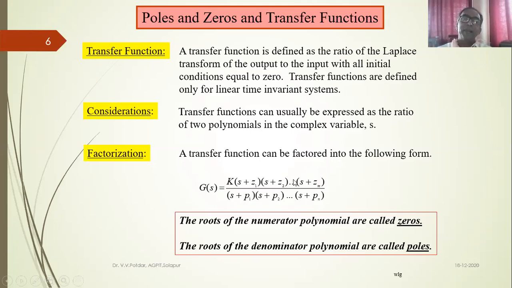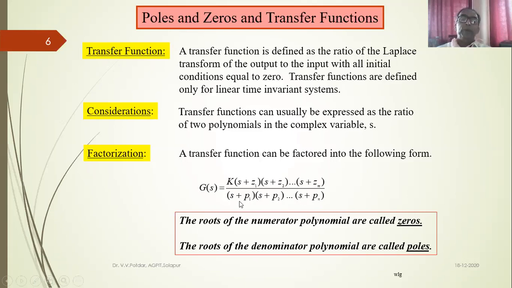Be attentive. And the denominator, let us say it is factored as, once again I have s in the denominator into (s plus 1), maybe (s plus 5)(s plus 6)(s plus 7), right?